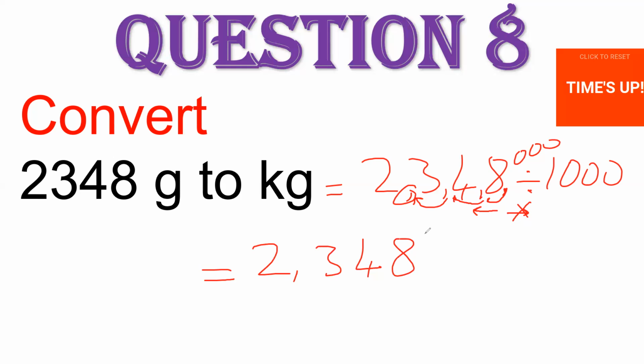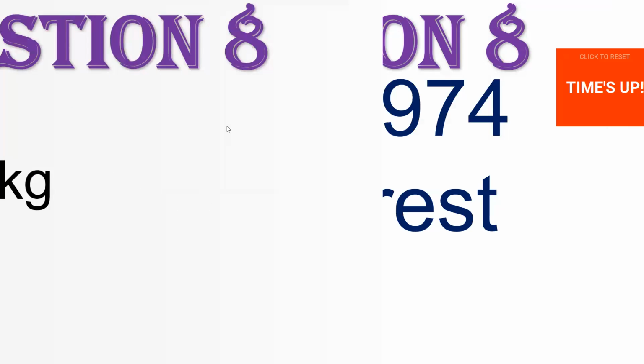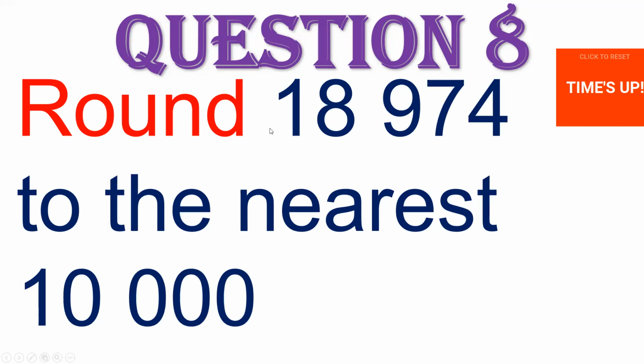You just move your comma to the right or to the left. Multiplication to the right, division to the left. All right, we have done question 8 also. Let's continue with the next question. Question 9 is coming. By mistake, we wrote question 8 again. It means we have 16 questions today. It's fine. All right, we have question 8 one more time.